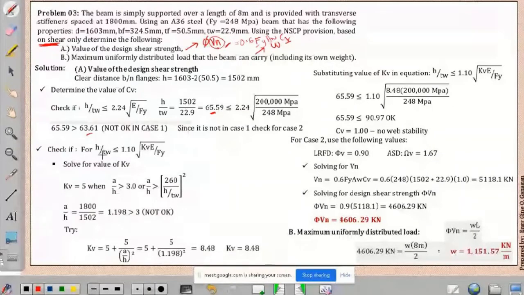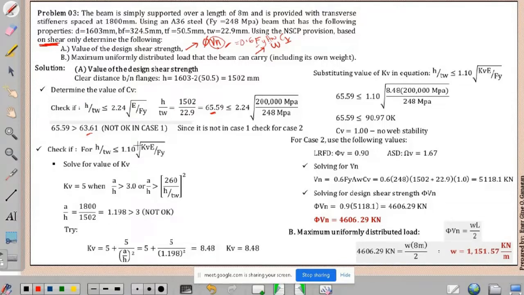So, h over tw, is it less than or equal to 1.1 the square root of kv E over Fy? Okay? So, i-check natin yung first condition natin for the case 2.